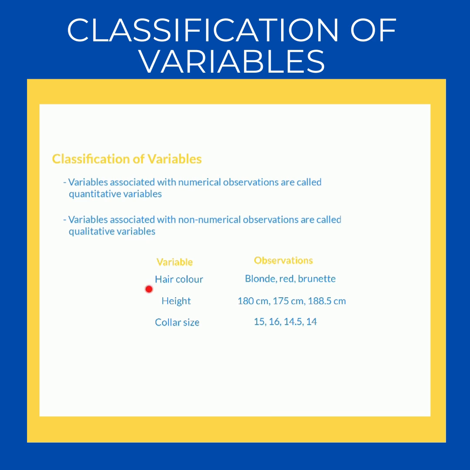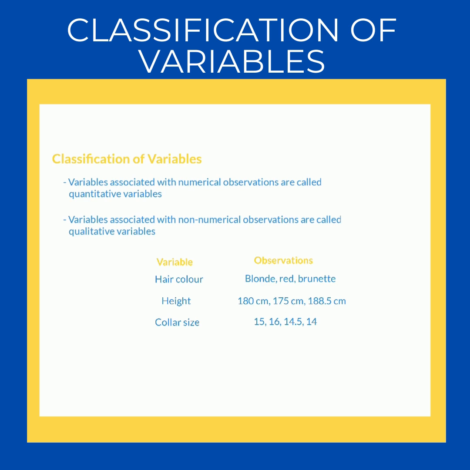So if I have hair color as a variable, I can have a blonde color or a red color or a brunette color. So these are all non-numerical observations. So hair color is a qualitative variable. Now if I have the height as a variable, the observations that I have are 180 centimeters, 175, and 188.5 centimeters.